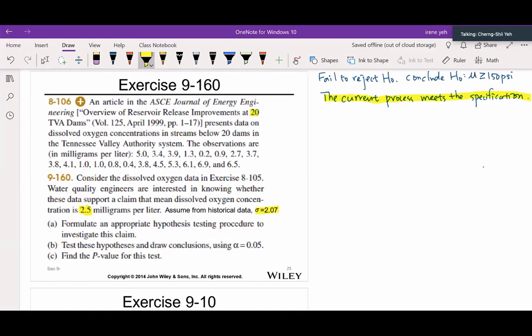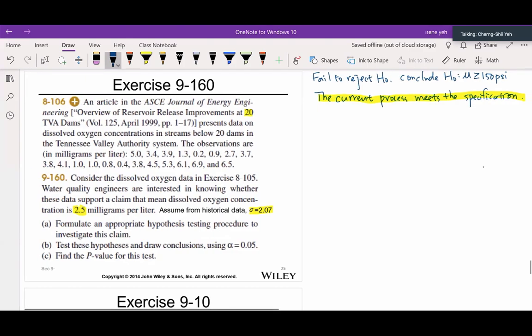Okay, so I'm going to write down the hypothesis testing, and then we'll take you to Minitab. So we're performing hypothesis testing. The null says that mu is exactly 2.5, while the alternative says that it is not 2.5. Based on this, we know it's a two-sided hypothesis testing.